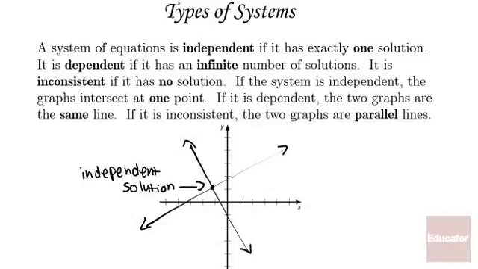Other times, you'll graph out the system of equations. So you graph the first equation, and perhaps the graph looks like this. Then you go to graph the second equation, and it turns out that it describes the same line. So if both equations within that system describe the same line, then there would be an infinite number of solutions.